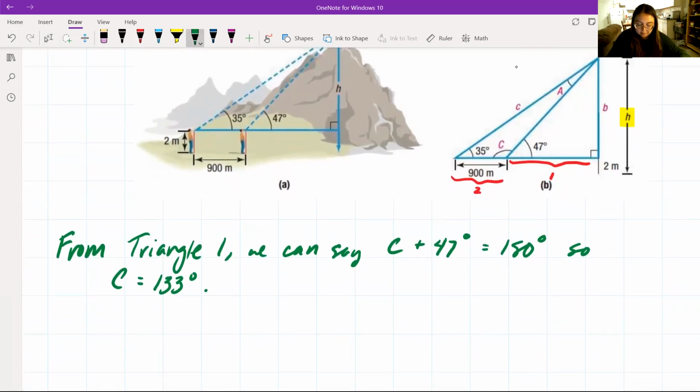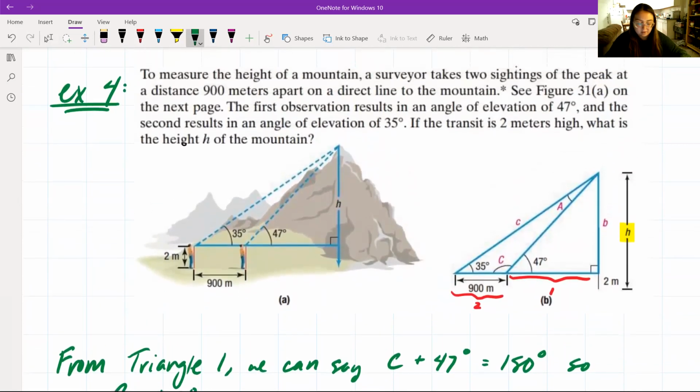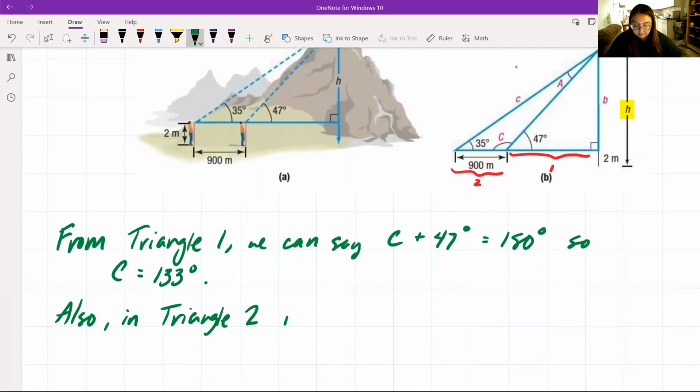Then also in triangle 2, we see we have a degree measurement of A. We get that A plus C plus 35 degrees is going to be equal to 180 degrees.